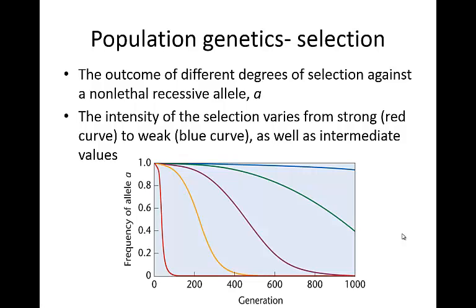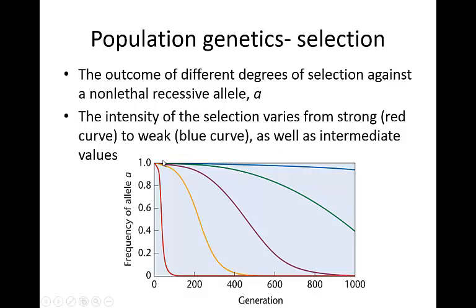So if we're looking at the outcome of different degrees of selection against a non-lethal recessive allele A, we can see that if there is very strong selection, the frequency of the allele A is going to be selected against very rapidly. Within maybe about 100 generations, it probably is going to disappear.